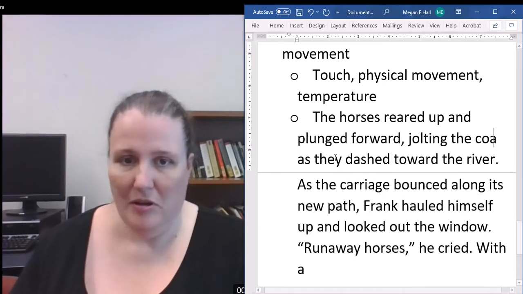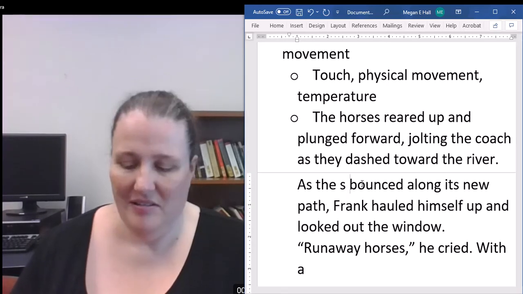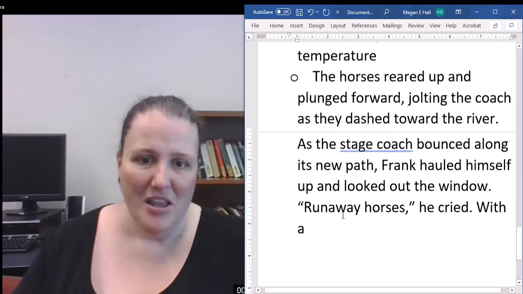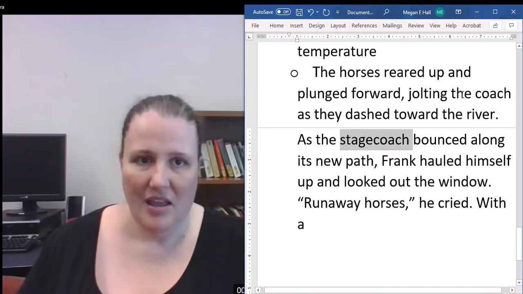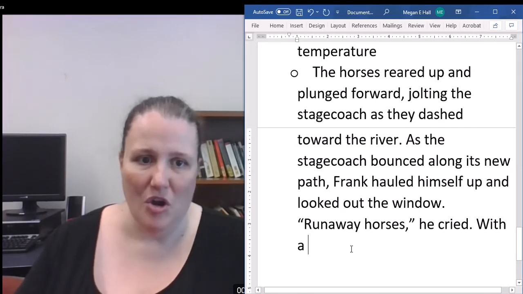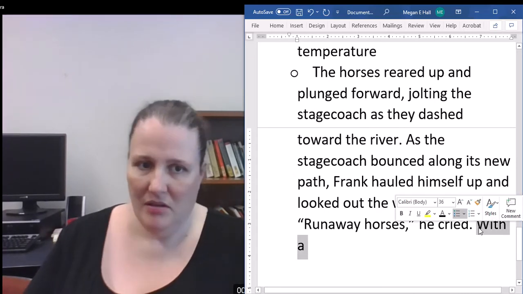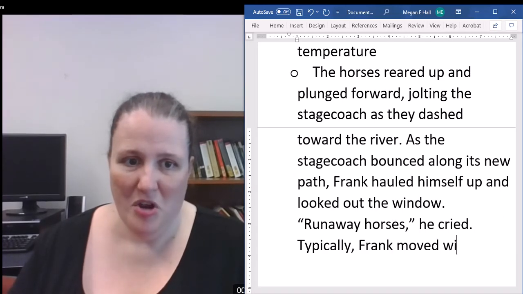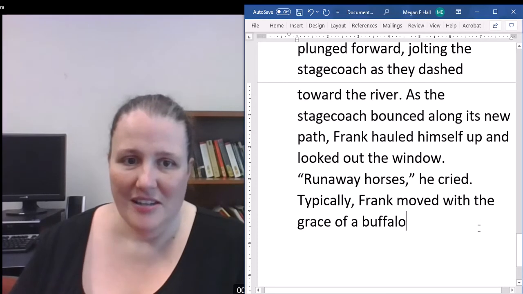I guess this would be a coach and not a carriage. Thinking about how those are built. At any rate, okay. At any rate, I'm thinking as I'm typing here. So, typically, Frank moved with the grace of a buffalo. A little bit of a comparison there for visual interest.